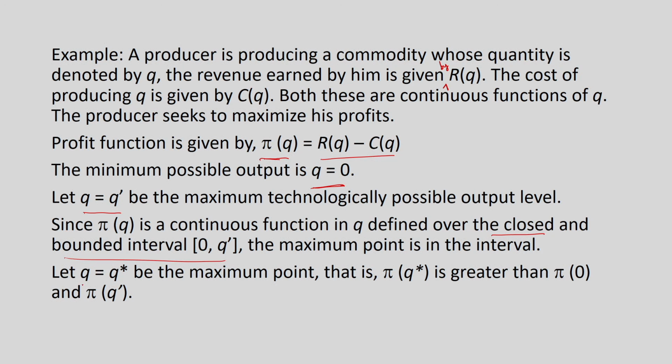And let us suppose Q is equal to Q star is the maximum point, that is pi of Q star is greater than pi of 0 and pi of Q dashed. So, we are assuming that there is this Q star, which is the maximum point by the extreme value theorem, but our assumption is that it is inside that interval. So, it is between 0 and Q dashed.